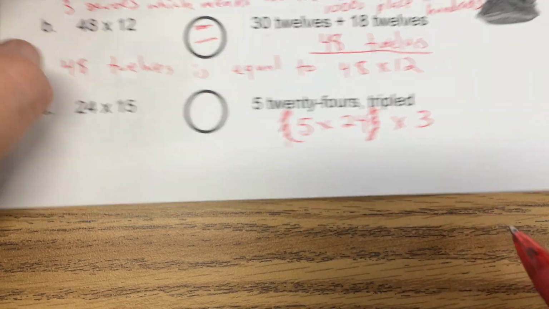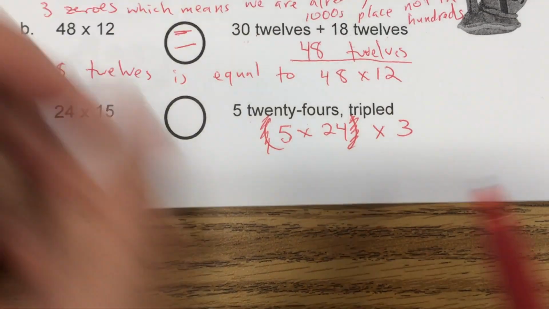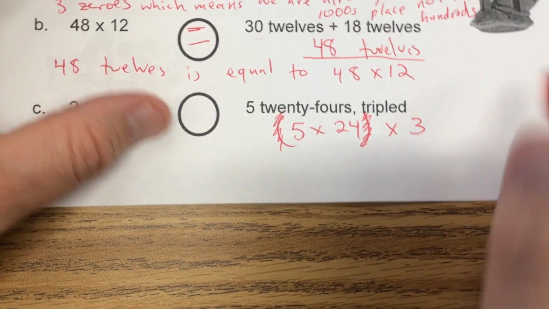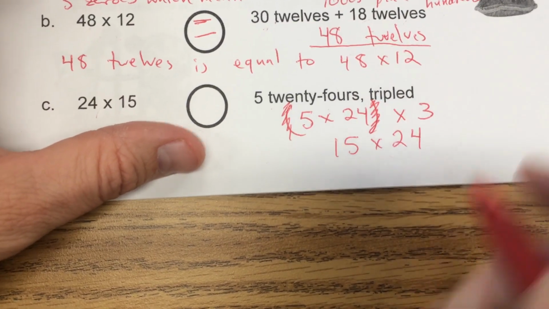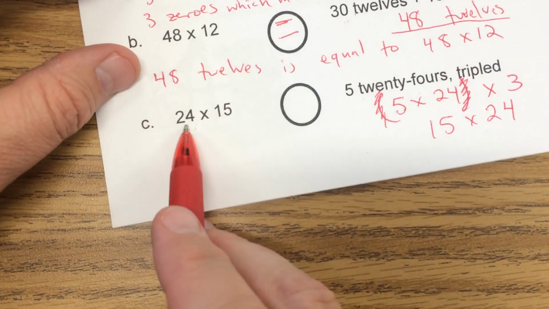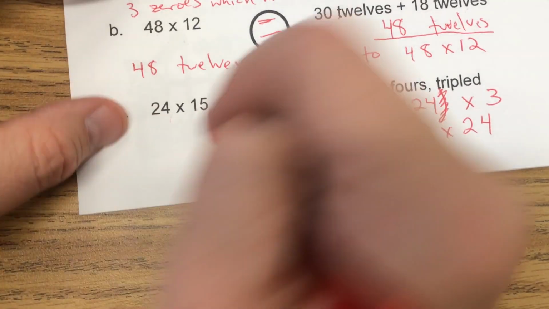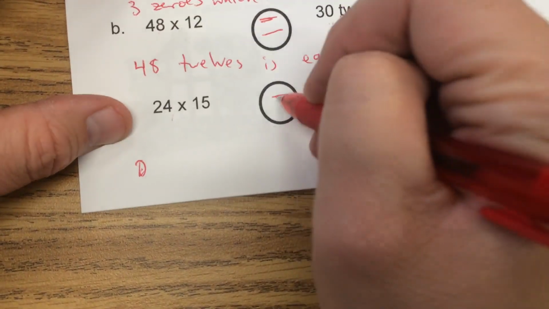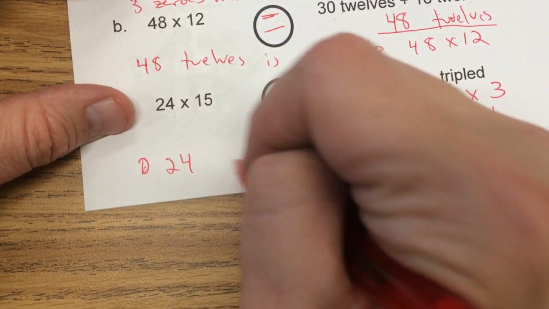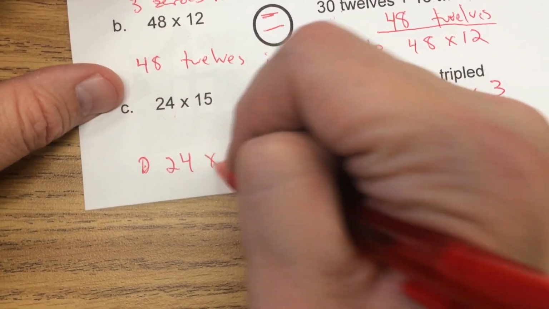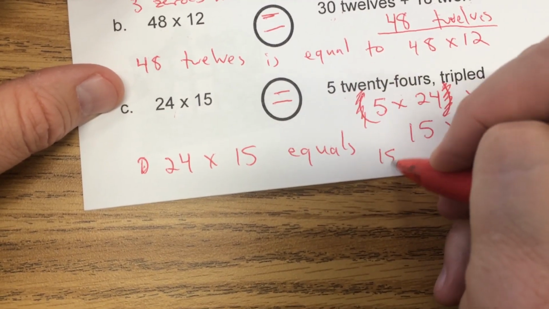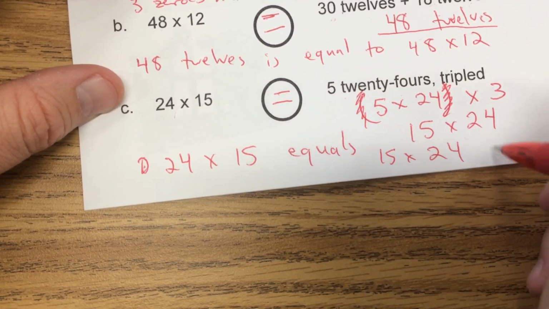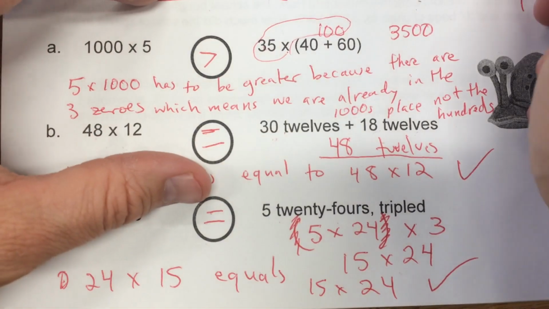I got rid of the parentheses. I think the answer would be the same, but 5 times 3 is 15. So we have 15 24s. Oh, is that what we have over here? So they have to be equal. 24 times 15 equals 15 times 24.